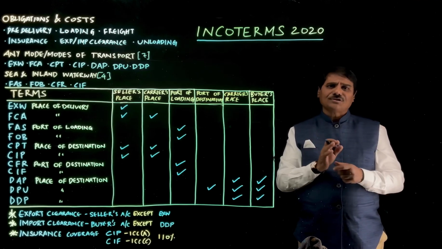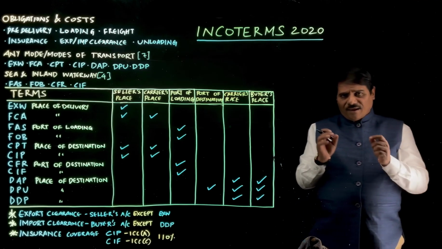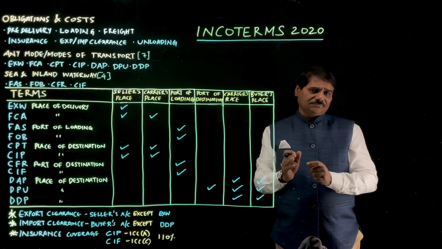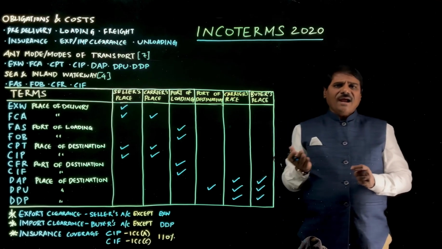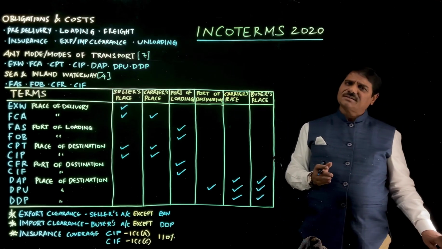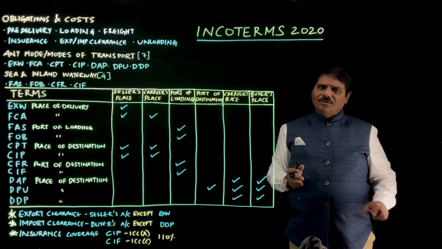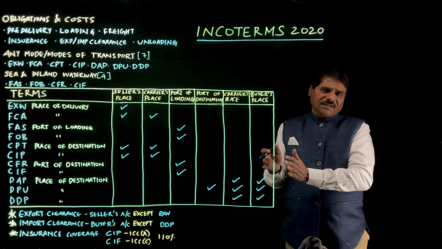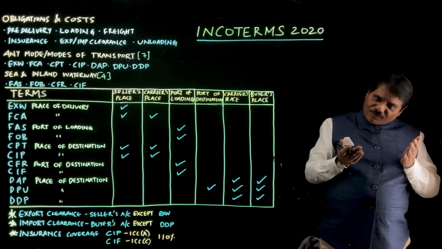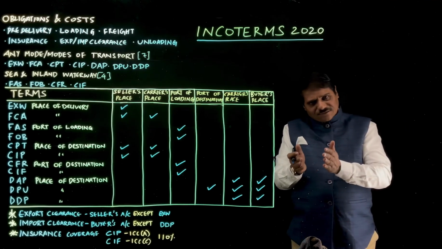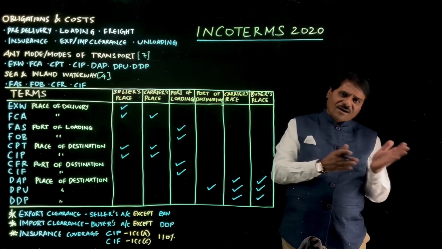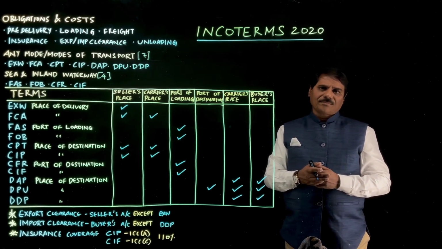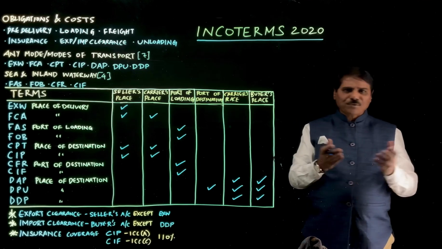So when it comes to insurance, as explained, up to that delivery point it is the seller's risk and thereafter it is the buyer's risk. If the seller wants to take insurance, he can take it up to that point of delivery. If the buyer wants to take insurance, the buyer must take it thereafter. It's up to them.